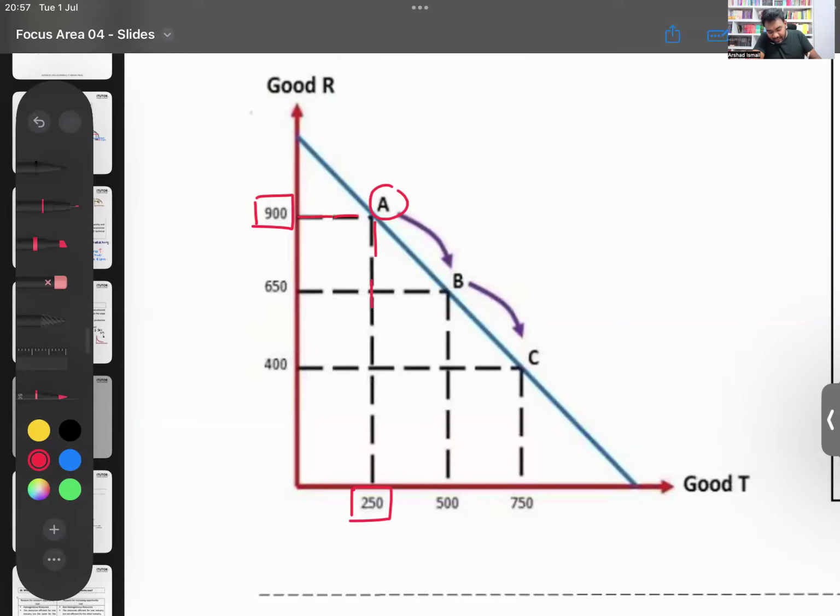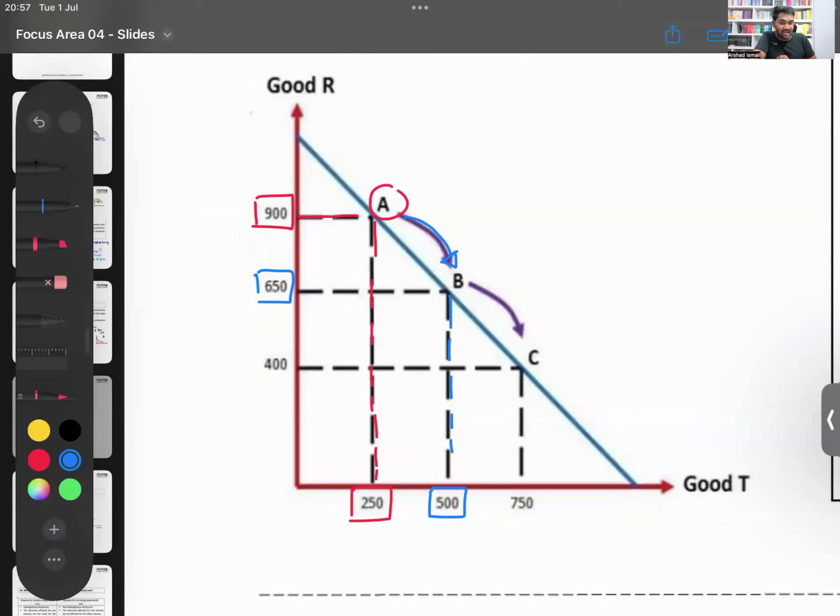Let's say if they move from A to B, can you tell me what is their opportunity cost? Now at point B, they are producing 500 of good T, 650 of good R. Opportunity cost is what you're sacrificing. What are you sacrificing? First, good R or good T? First, figure that out.